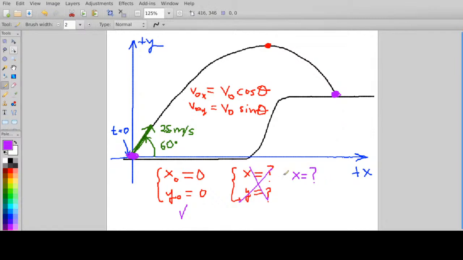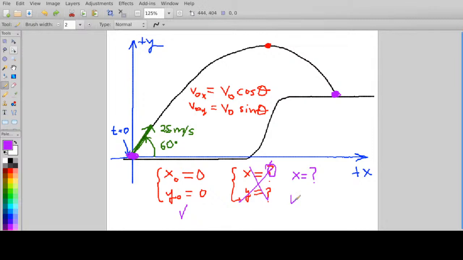It did change, and it's unknown, but it's a different unknown than before, because this unknown corresponds to that value right there. Let me draw a projection very quickly. That x value would be to there, whereas this x value here is to there. They're both unknown, but they're two different unknowns.